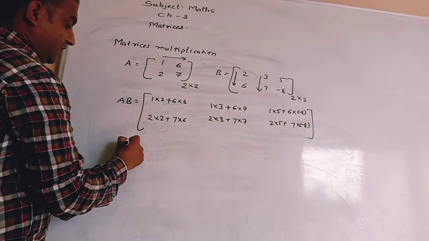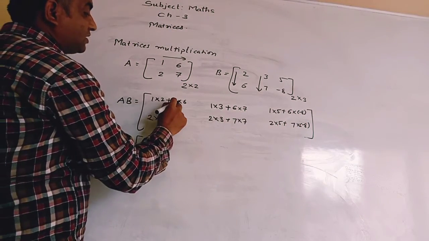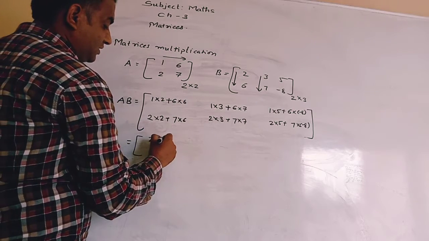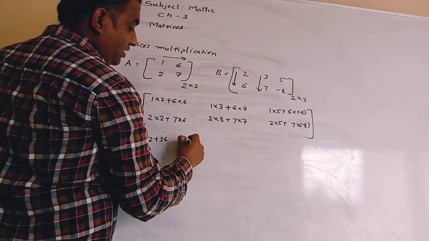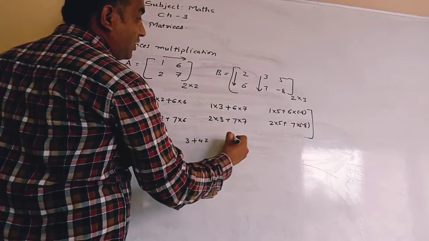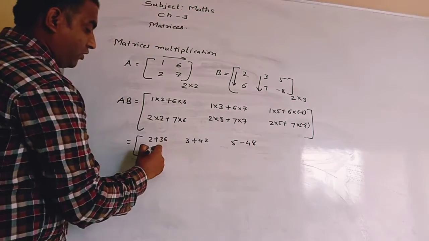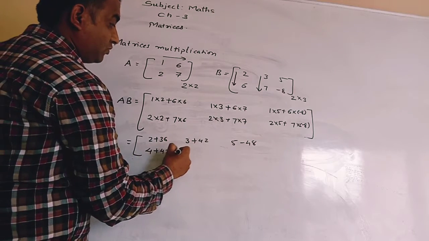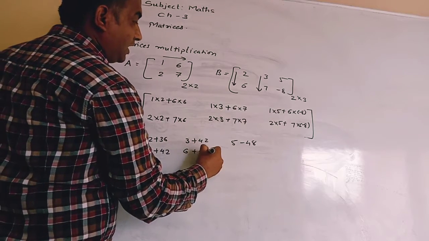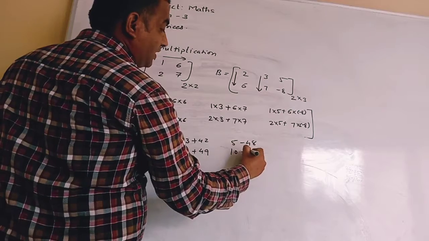Now we can see 1 into 2 is 2 plus 6 into 6 is 36. Here 3 plus 42, here 5 minus 48. 4 plus 42, 6 plus 49 and 10 minus 56.